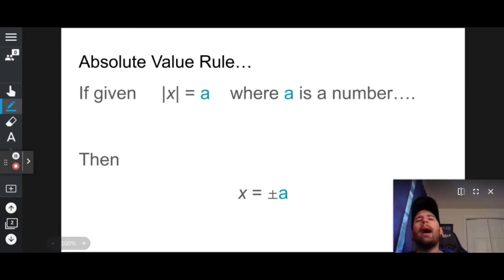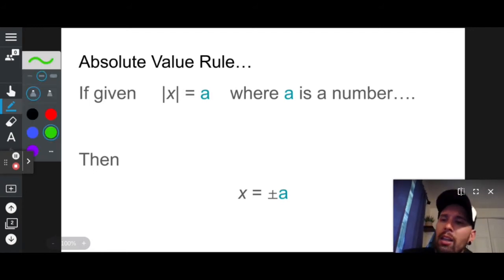Now I know what you're thinking. No. Absolute value just makes numbers positive. There can't be two answers. Well, I have news for you. I'm not turning a number positive. I am trying to find out what makes this statement true.